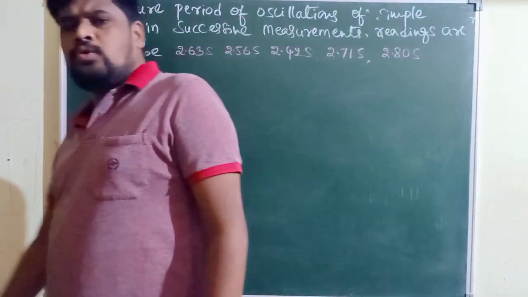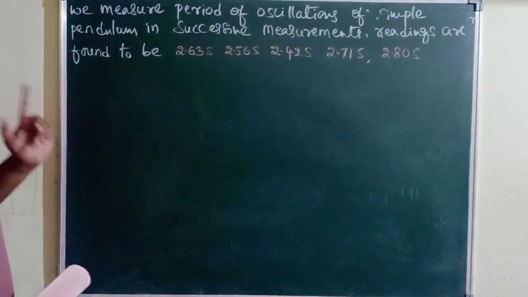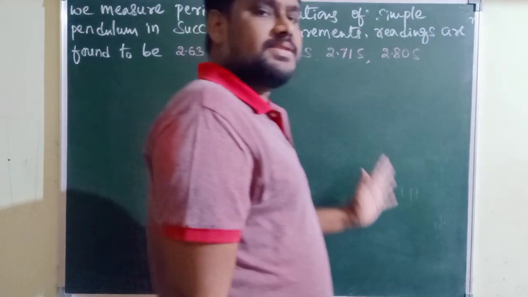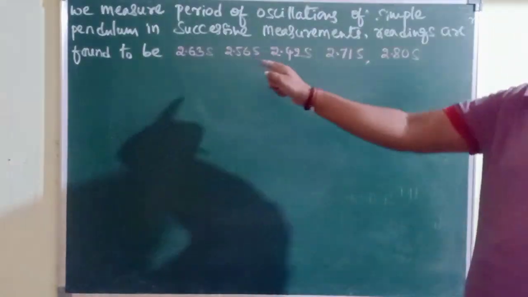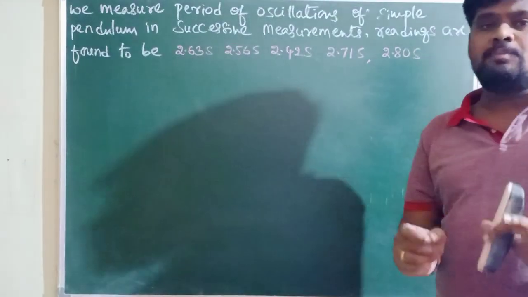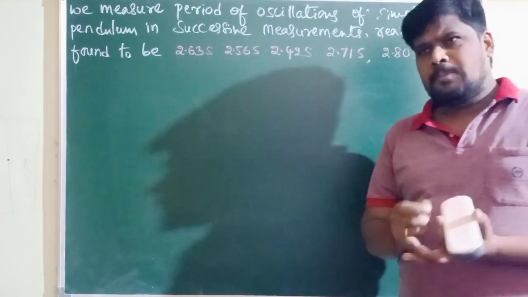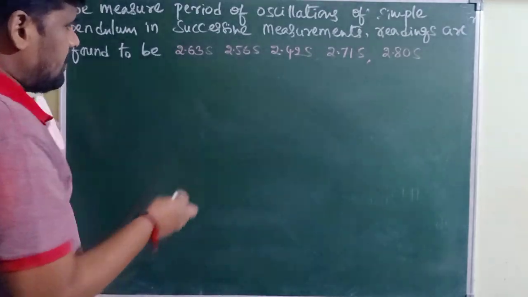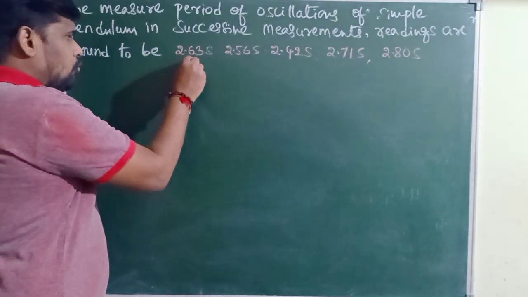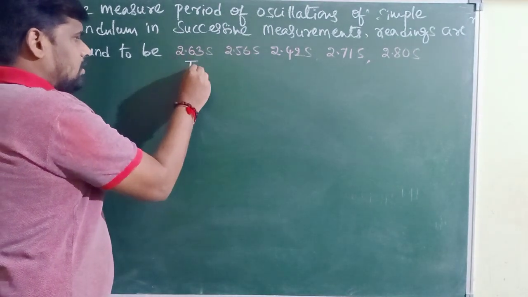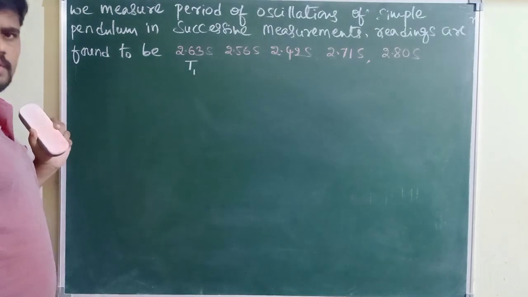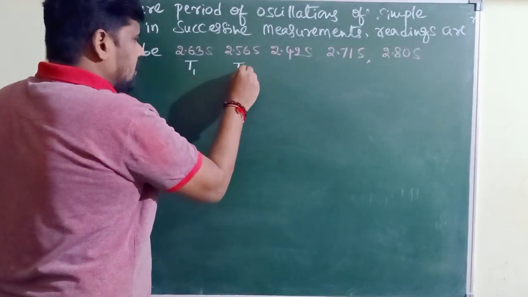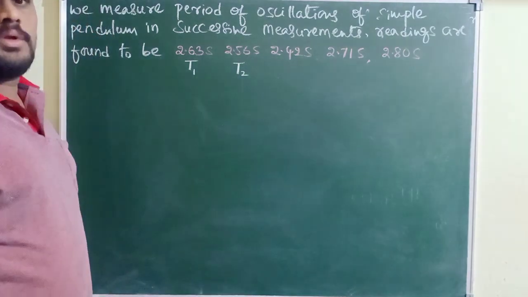We are asked to determine absolute error, relative error and percentage of error in the measurement of the time period of a simple pendulum. The time period measured in the first trial we will call T1. Second trial, T2.